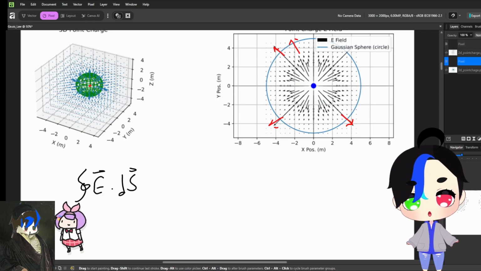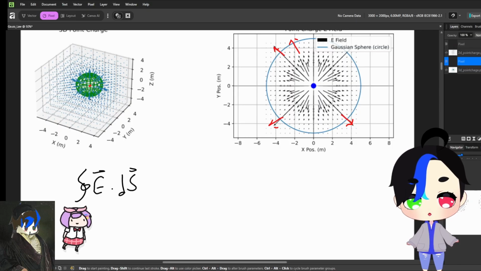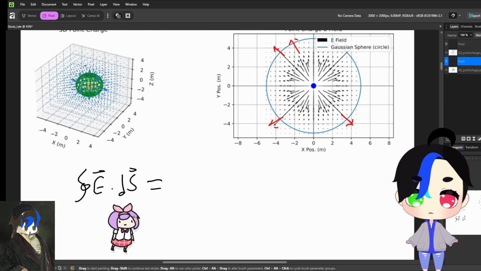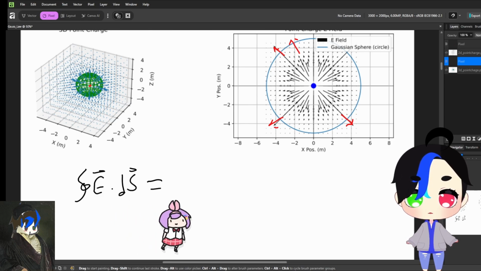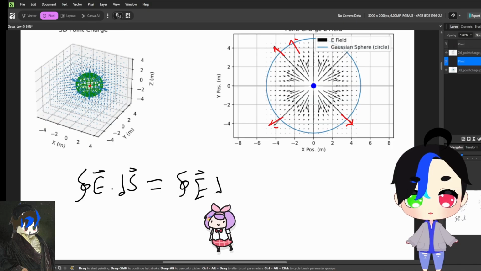If you look at a constant radius, the E field doesn't ever change in magnitude over the surface at that constant radius. And also, like I pointed out earlier, the electric field is everywhere parallel to the surface area vector. So I can drop the vectors actually.